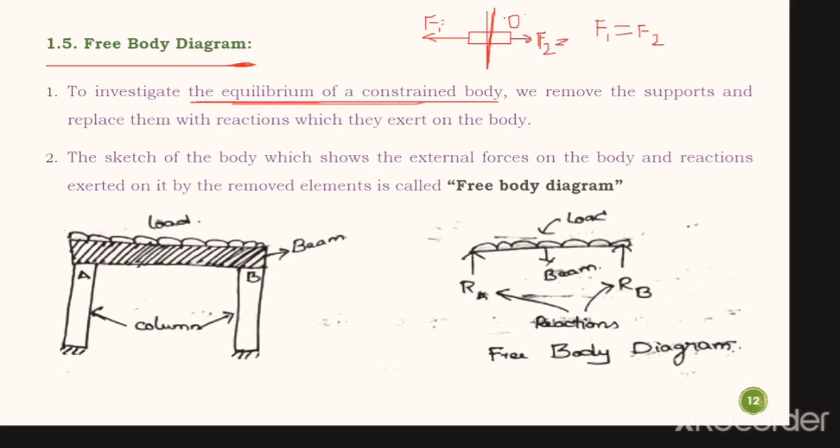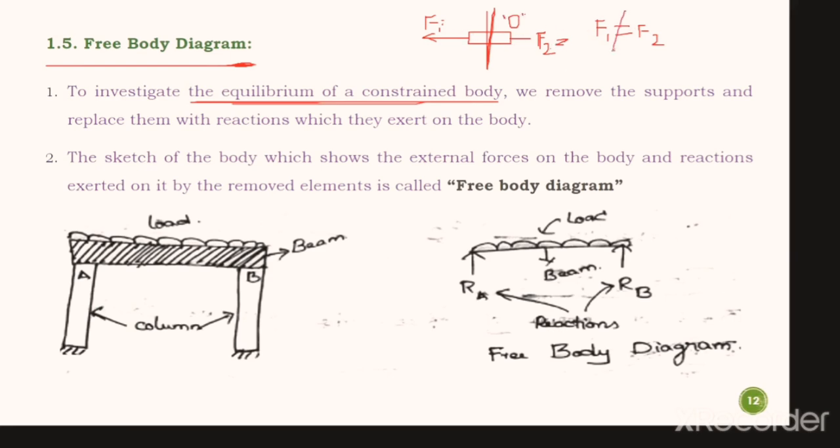What happens if the direction of this F2 is actually this direction? Then the net force will be F1 plus F2. What I mean to tell you is, if the net force is 0, this body is not going to move anyway.